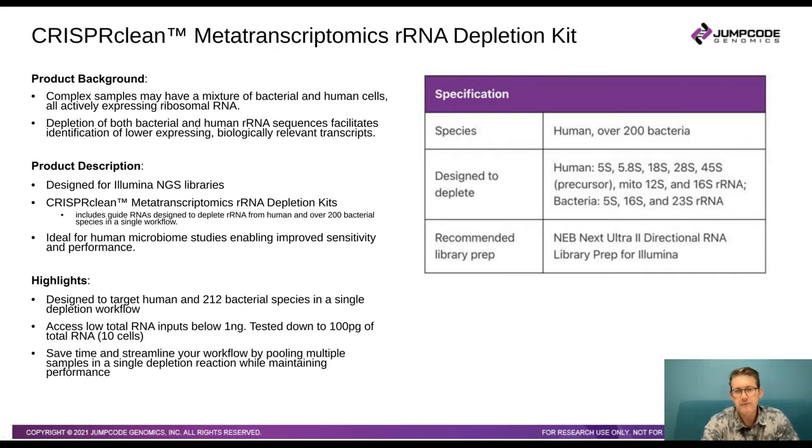We have a recommended library type for a post-PCR depletion using the NEBNext Ultra II directional RNA kit, but also in October, we'll be releasing a full solution that bundles together the depletion reagents with an RNA library kit as well.